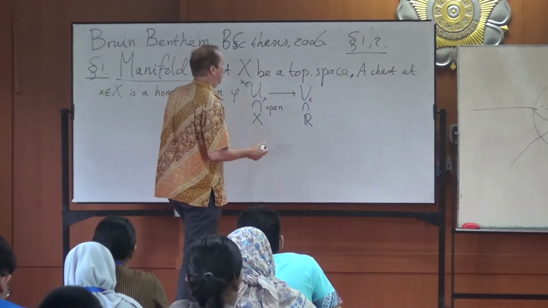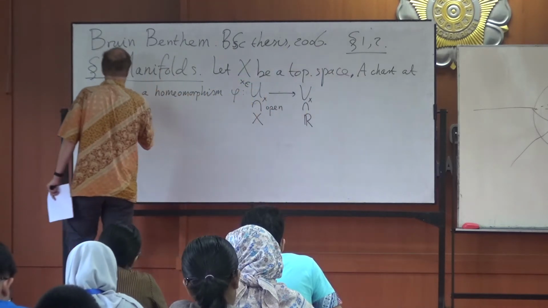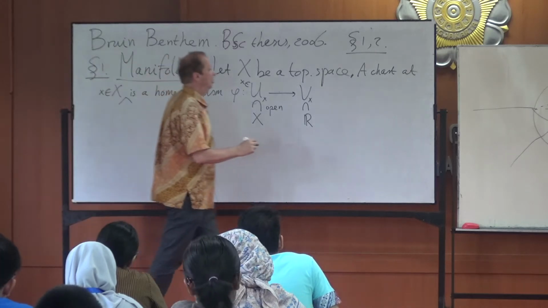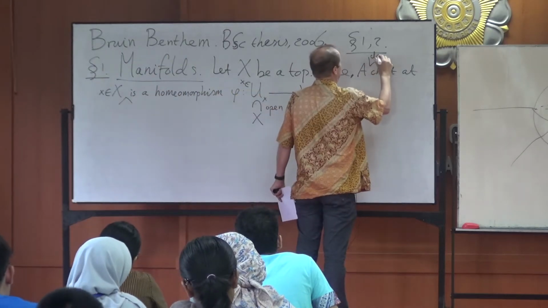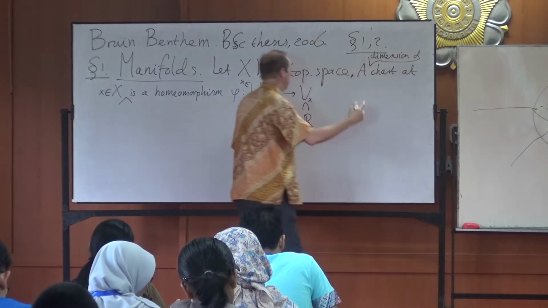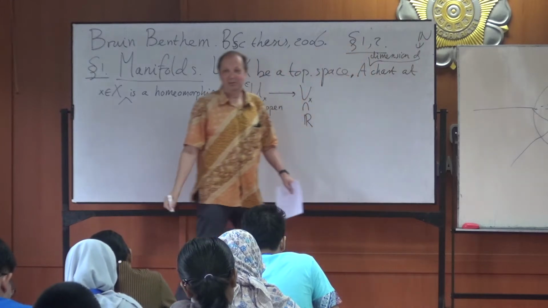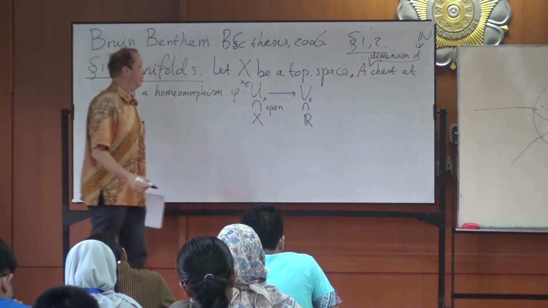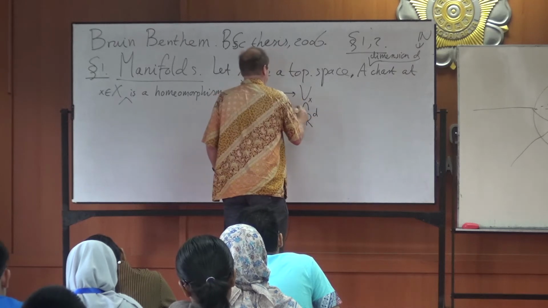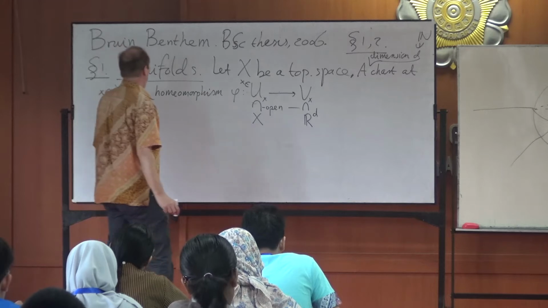So a chart at X of dimension D, or I should say a D-dimensional chart. D is an element of the natural numbers. A D-dimensional chart at a point X is this, where Vx should be open in R^D, and that is a homeomorphism.